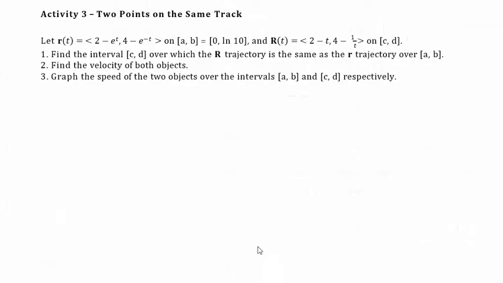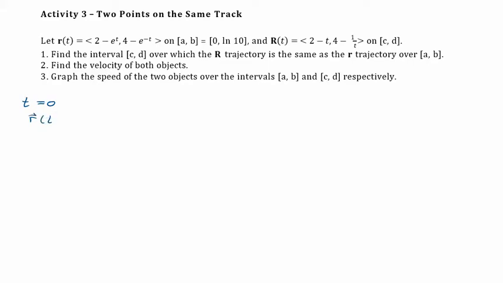All right, so let's go back over here. What we really need to do then is figure out the coordinates of those endpoints on little r of t. We know that little r of t is defined between 0 and natural log of 10. So let's start with t equals 0. At t equals 0, let's find little r of 0.